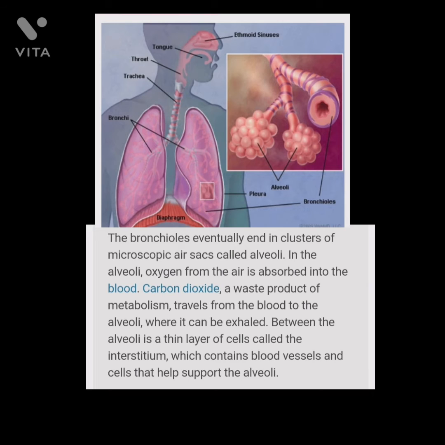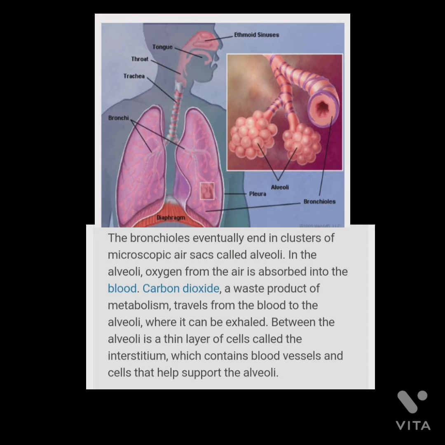In the alveoli, oxygen from the air is absorbed into the blood, and the waste products of metabolism travel from the blood to the alveoli. Basically, the alveoli give oxygen to the blood and carry waste products like carbon dioxide gas from the blood, where it can be exhaled.